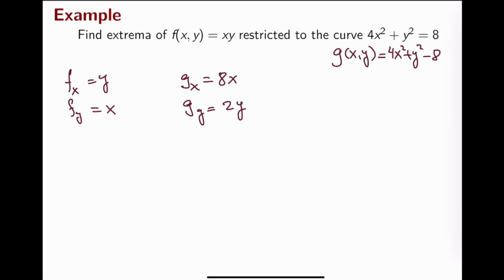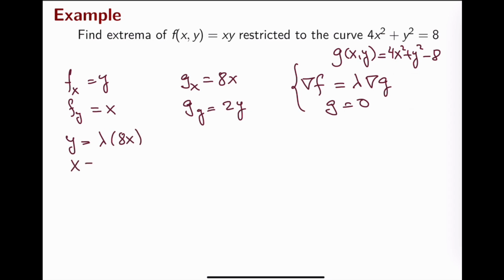Once we have these derivatives, we write down the system of equations that we saw before, given by the theorem. I remind you that the system of equations is given by the gradient of f equal to a multiple of the gradient of g, and the condition g equals 0. So in our case, y is equal to a multiple of 8x, and x is a multiple of 2y.